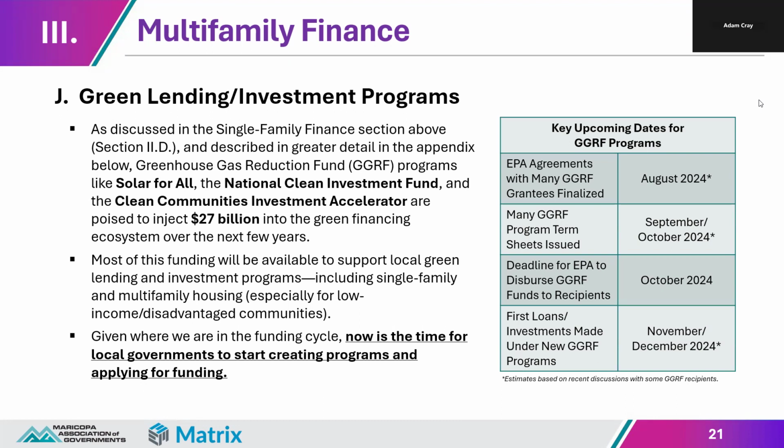Now really is the time for local governments to start thinking about creating these programs to take advantage of these funding sources, if green lending and investment is something that, as a matter of policy, you are looking to promote in your jurisdictions.